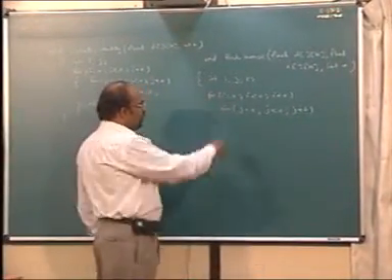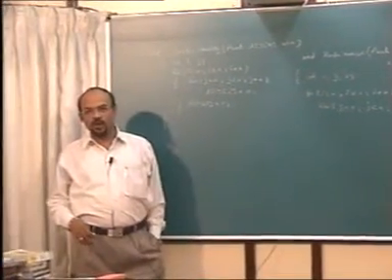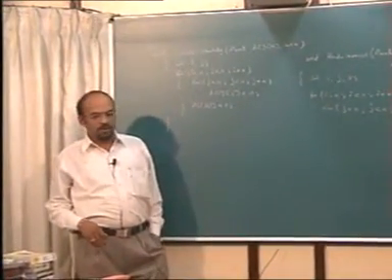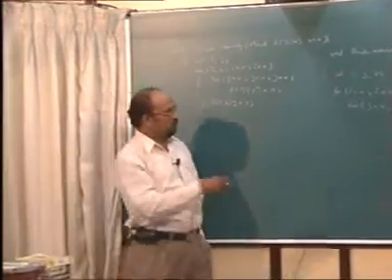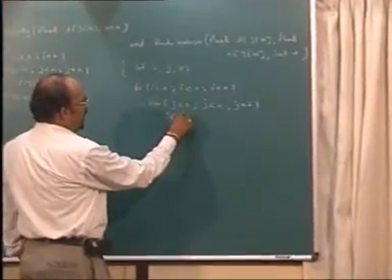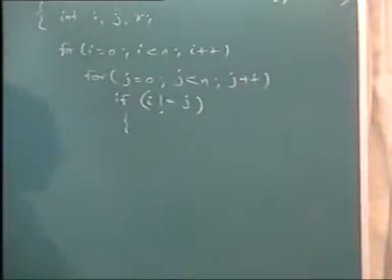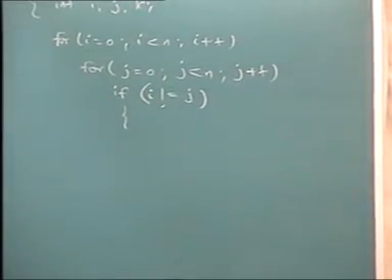So we want to subtract ith row from all the rows except the same row. That means what next procedure should be carried out if i is not equal to j. Okay, so ith row is to be subtracted from all jth rows when i is not equal to j.